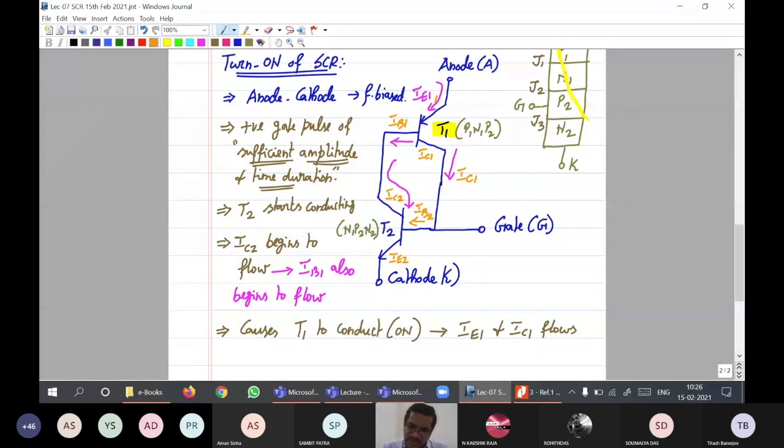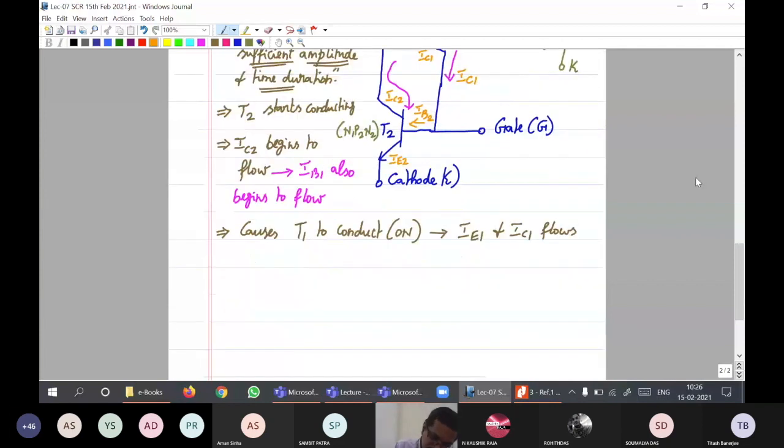When IC1 begins to flow, IC1 is the same as IB2. Since IB2 is the same as IC1, the magnitude of IB2 actually increases.